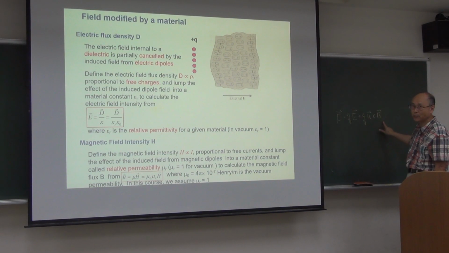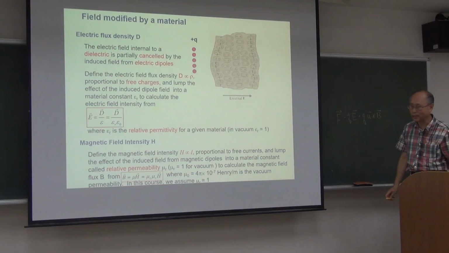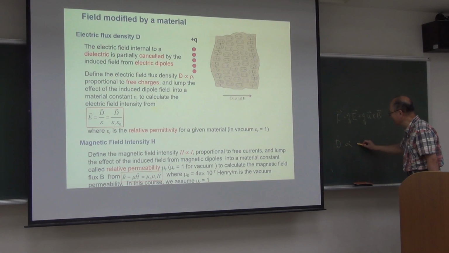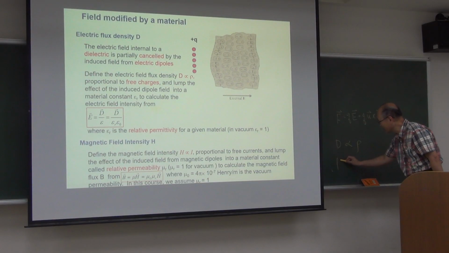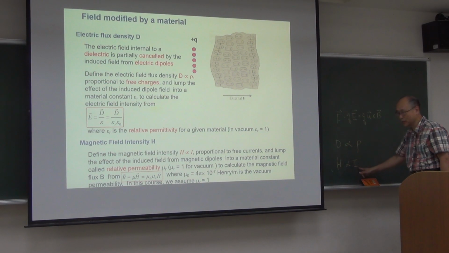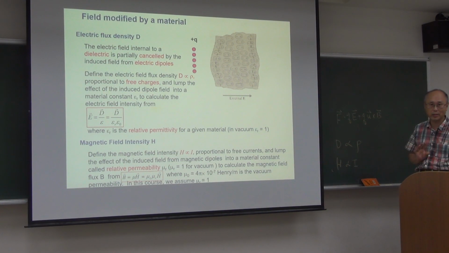So these two variables are generic. Okay. What is invented in the theory is D, that is proportional to the charge. And what is invented in the theory is H, that is proportional to the current. And those are the mathematical constructions.